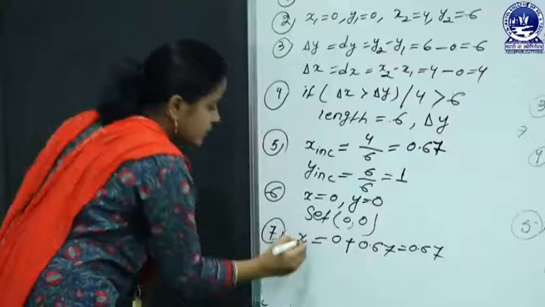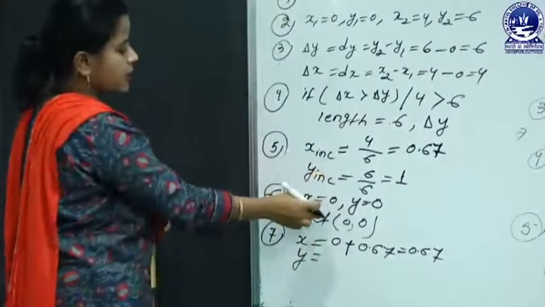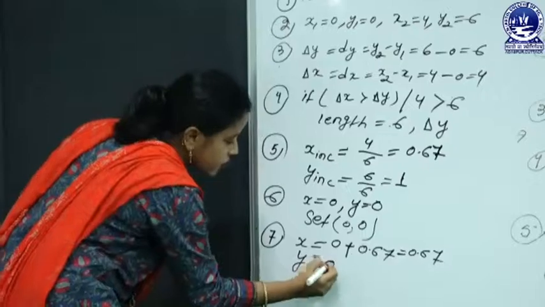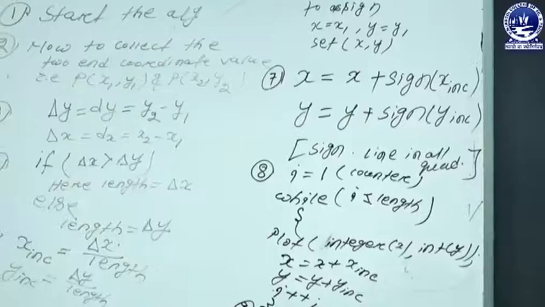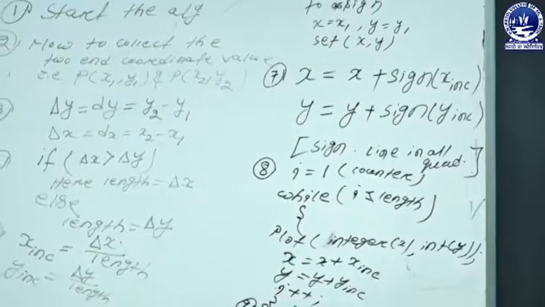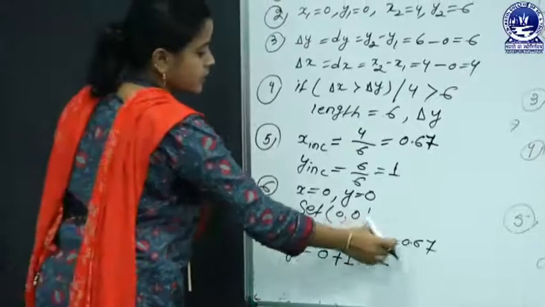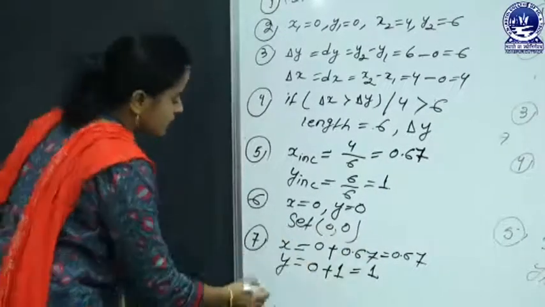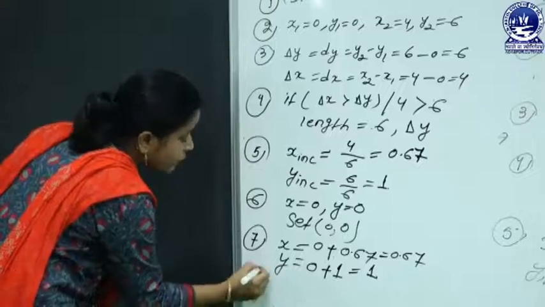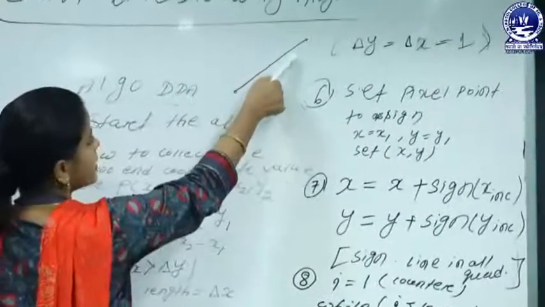Similarly, to find the y coordinate value, the previous y coordinate value is 0, plus the y incremental value, which is 1. So the result is 1. The sign magnitude indicates that the pixel points are drawn in all quadrants.